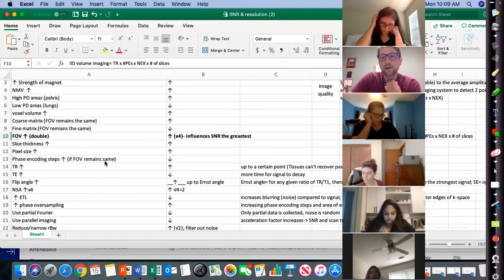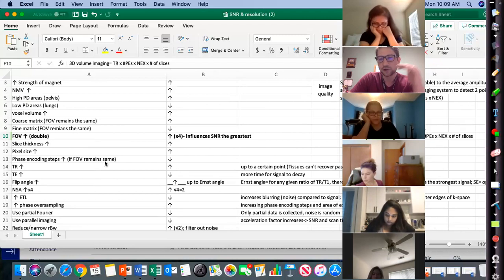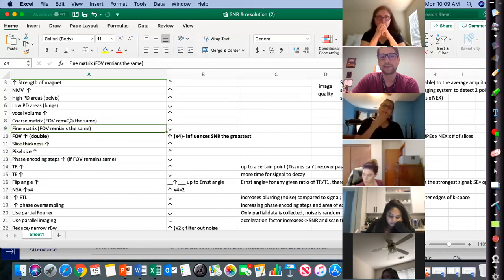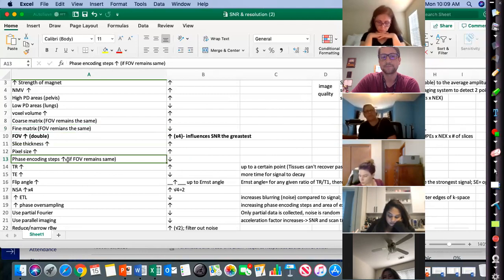If your number of PEs increase, you're going to get more rows of K-space, which means your voxels are going to get smaller. That's why I said if your field of view remains the same. A tip: if something says the field of view remains the same, I'm talking about the matrix size.